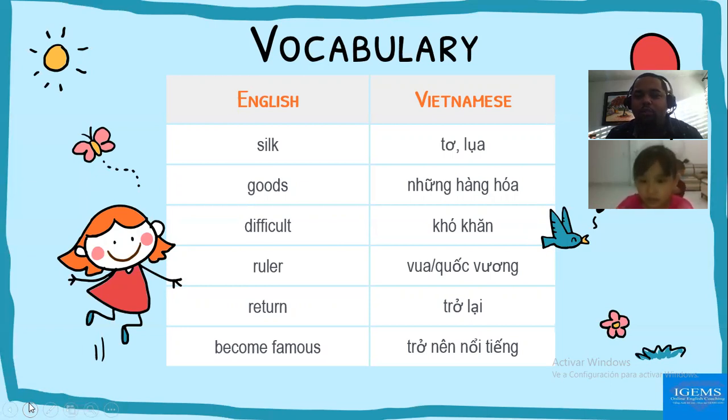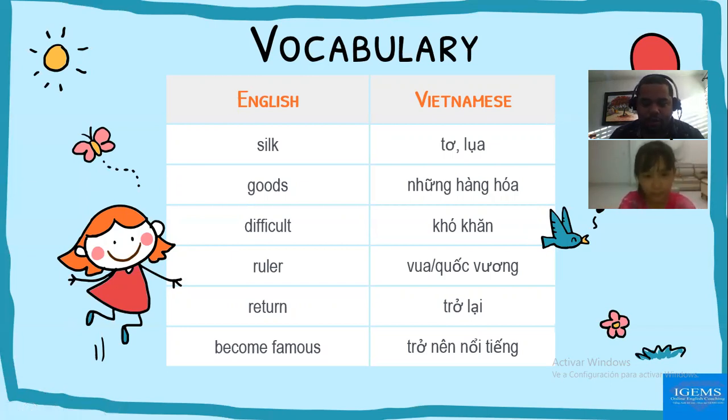So then we have the next word. What is the next word? What is it going to be? Oh no, ruler. Yes, ruler. This one. Can you see it? Difficult.